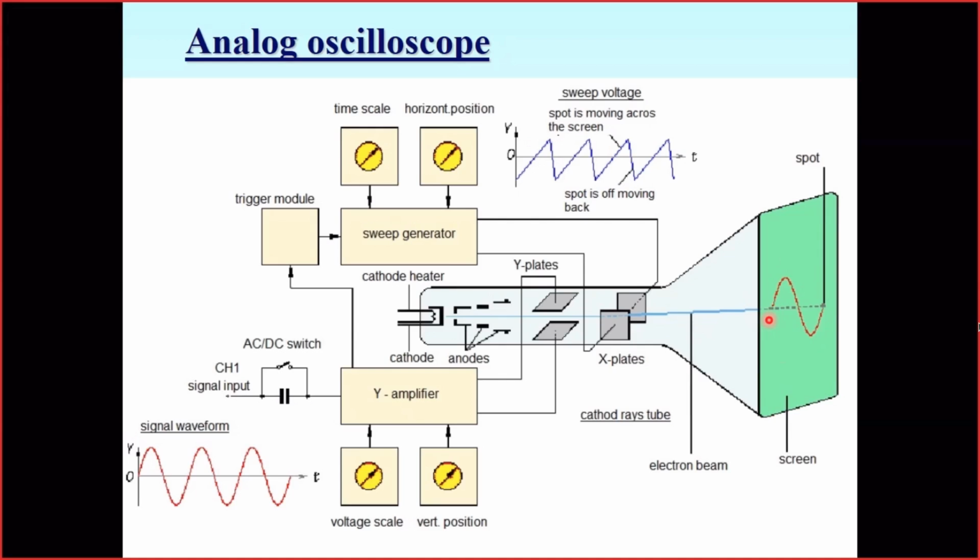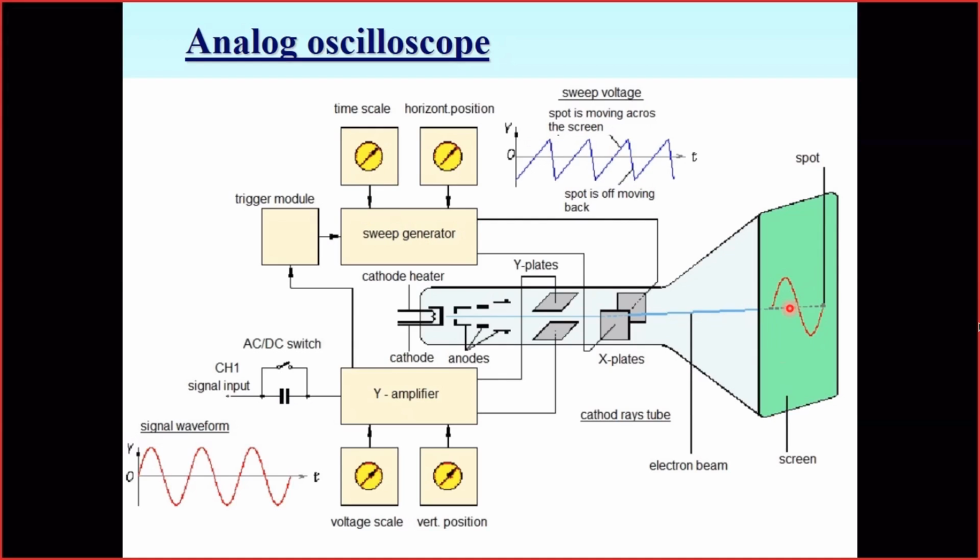Sometimes this movement is so fast that we couldn't even notice it. For the very first simple oscilloscopes, no one cared about switching the beam off. But in modern scopes, it may be switched off during the period when the beam comes back, when the voltage comes back. So this is a sweep generator.